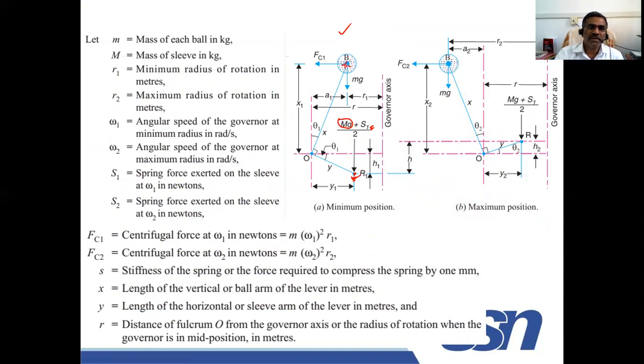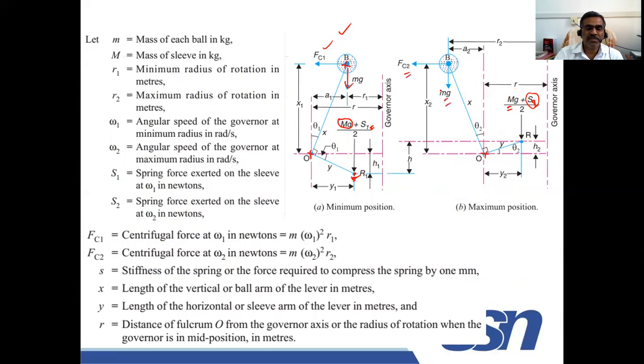At this ball, the ball weight will be acting in the downward direction and centrifugal force will be acting in this direction. This is a pivot point. Similarly for the next speed, the mass of the sleeve will be the same, but the spring force will be S2 and the centrifugal force will be Fc2.